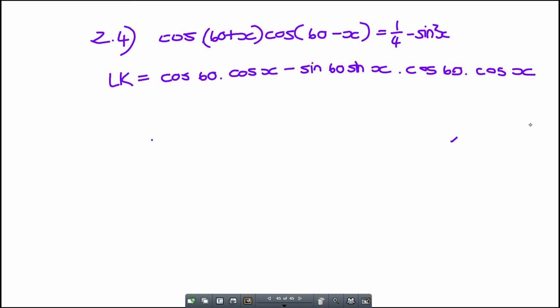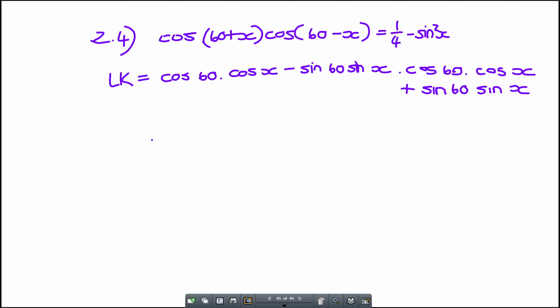En ek gaan nou maar hieronder moet aangaan, hè. Sin 60 sin x. Ja, sorry, 60, 60, 60. Eintlik maar dieselfde, but still.